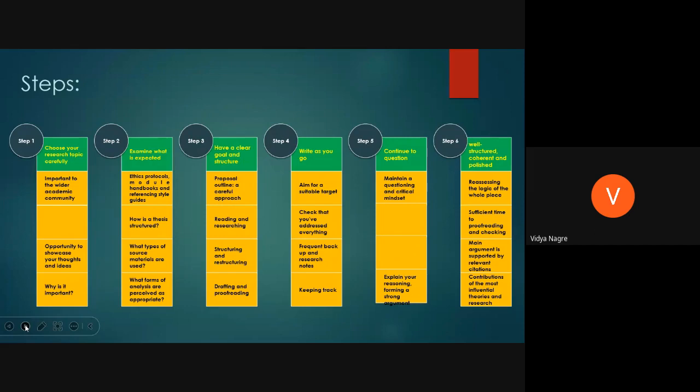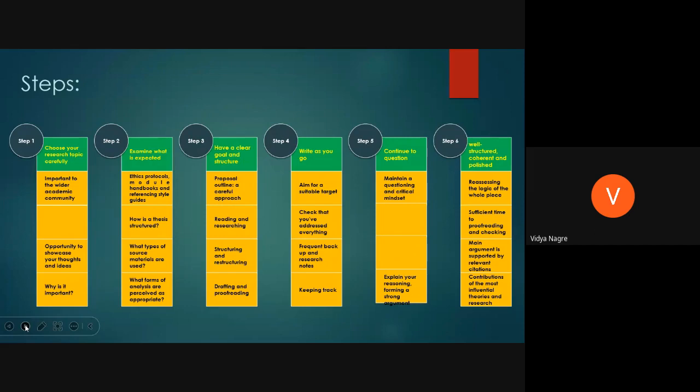For example, there are some ethical practices in the research. Very important is to avoid plagiarism. Plagiarism, that is copying somebody else's work in your study, is strictly prohibited, is banned. It's not allowed. It is not an ethical practice. So you have to use the handbook or the referring style guide also for that.